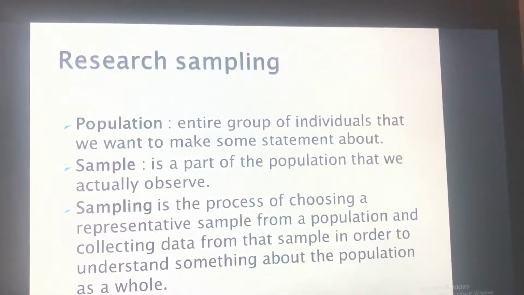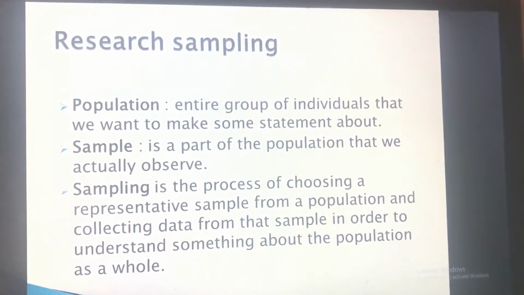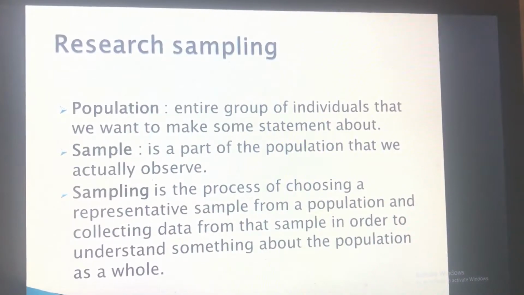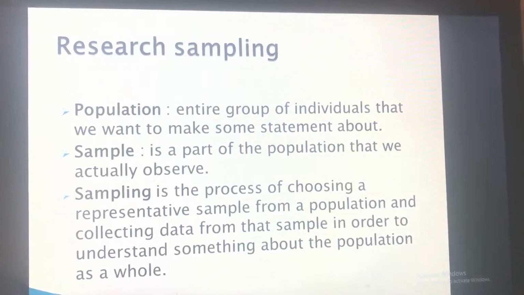as a whole. What do we mean here? We mean that when you want to conduct a research in a large population, sometimes it is not possible to collect data from everyone.